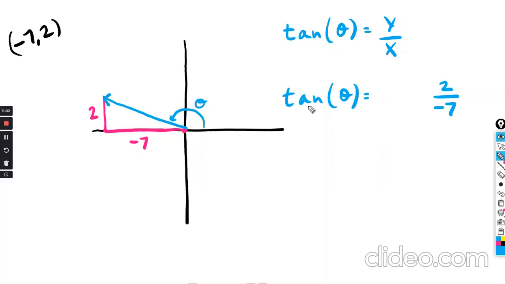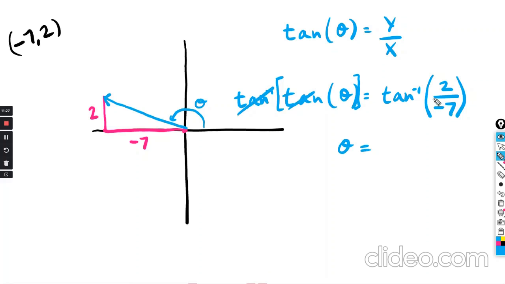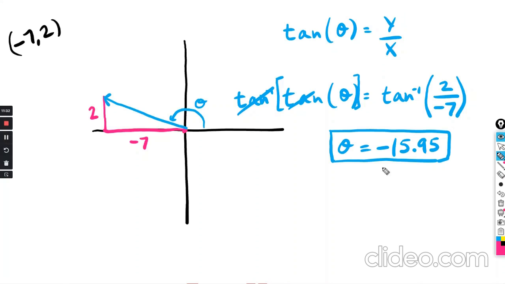In order to cancel the tan, we want the inverse tan, so you do the inverse tan to both sides. On the left, inverse tan and tan cancel, and we're solving for theta. On the calculator, I'll do inverse tan of 2 divided by -7, and I get -15.95.